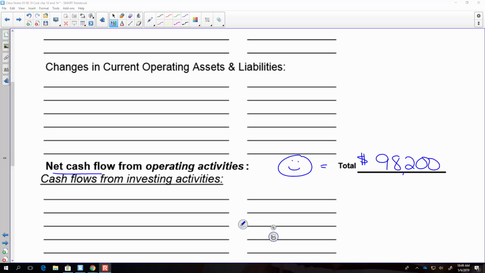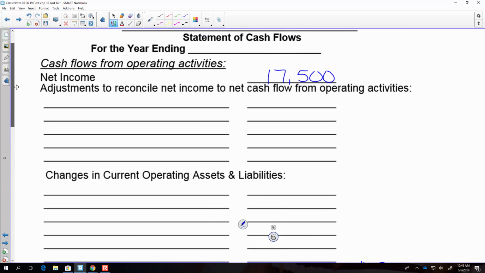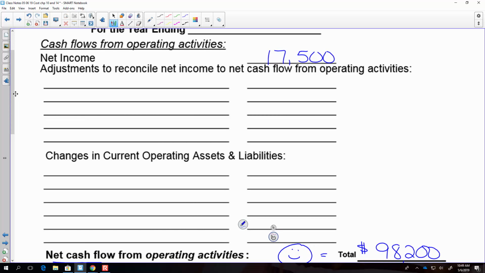All right, so we have maybe a number that might work for us. So Diane, what did you adjust? What was one of your adjustments here? Depreciation expense was 60,000.